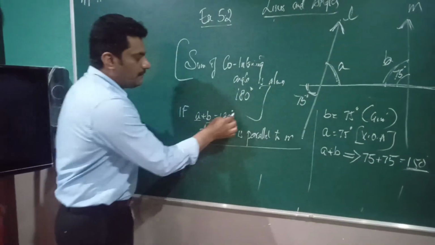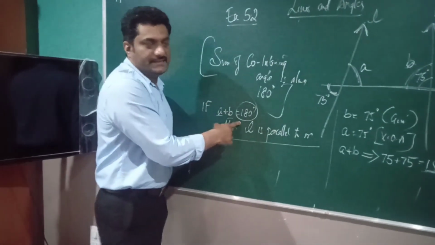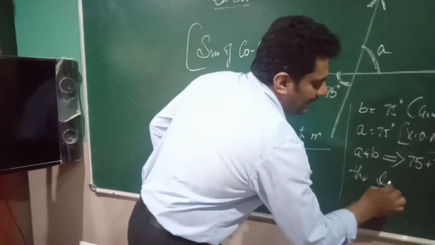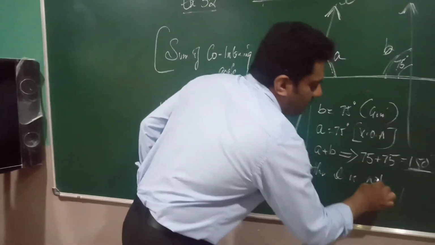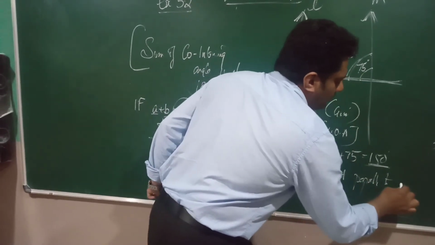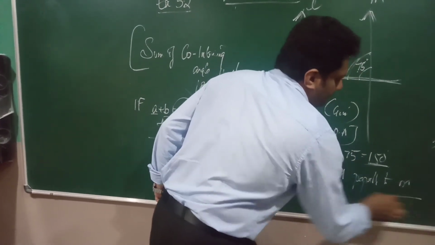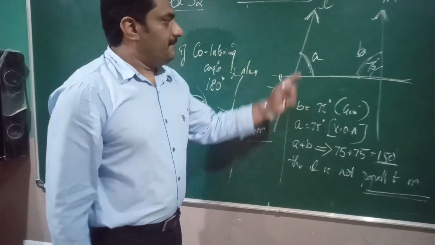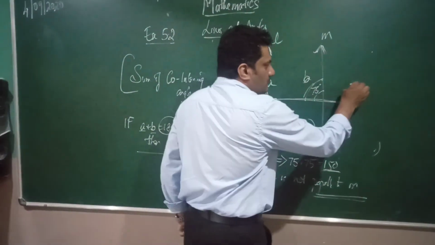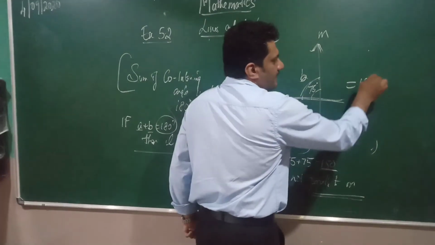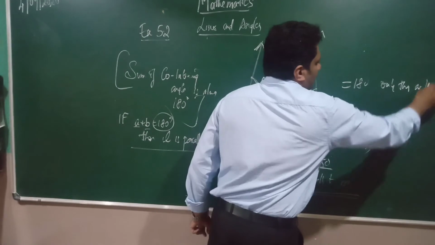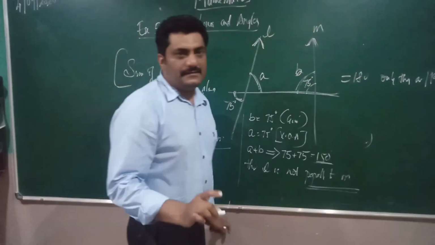But what do we want here? We want 180 degrees. What we can conclude here is, therefore L is not parallel to M. Whenever the sum of these two is equal to 180 degrees, only then they are parallel.